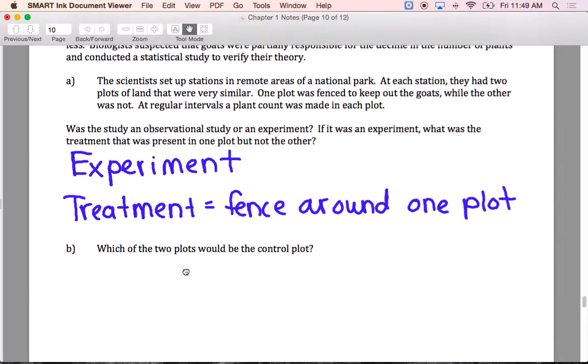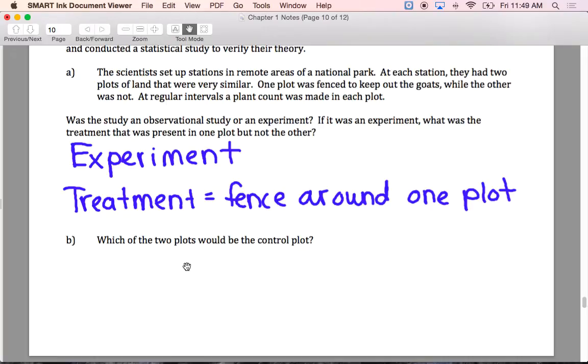Now they want to know then which would be the control plot. So the control plot was the one that nothing happens to it. So that's going to be the plot that was not fenced in.